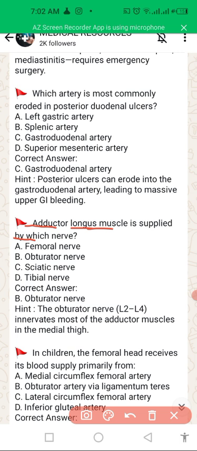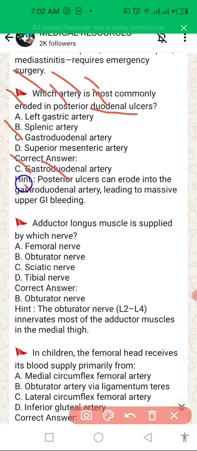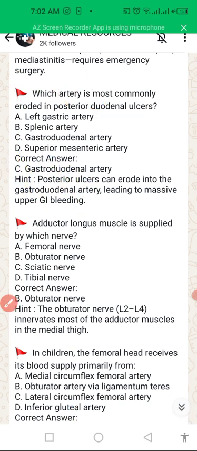It is obturator nerve. L2 to L4 supplies adductor longus. Next one: which of the following arteries is most commonly eroded in the posterior duodenal ulcer? That is gastroduodenal artery. Posterior ulcer eroding gastroduodenal artery leading to massive bleeding.